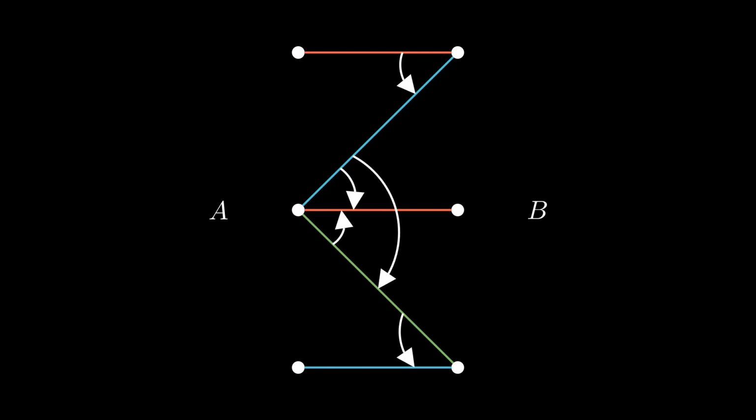Let's say our edge E is adjacent to another edge in A. Then E points to the other edge if and only if the other edge is of a lesser color. This means that E points to at most k minus 1 edges, since at most one edge of each color less than k is being pointed to. And the opposite is true in B. If E is adjacent to another edge in B, then E points to the other edge if and only if the edge is of a greater color.